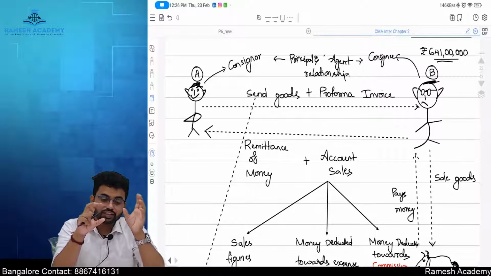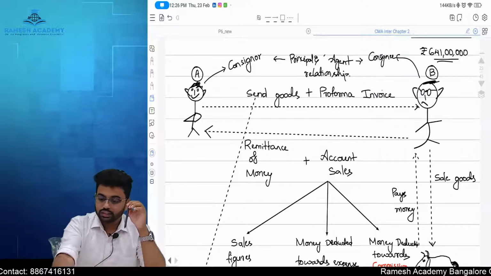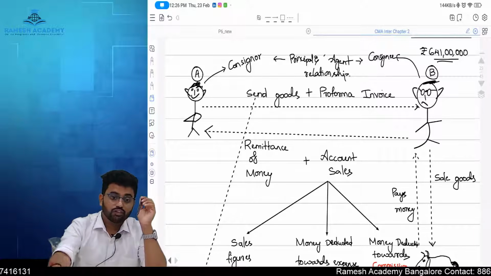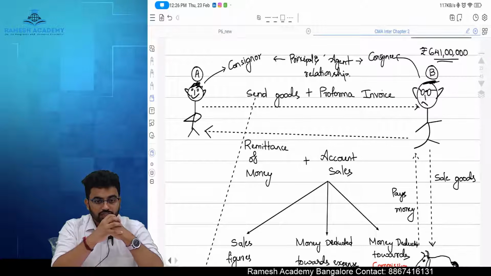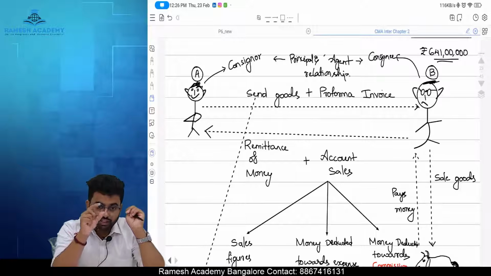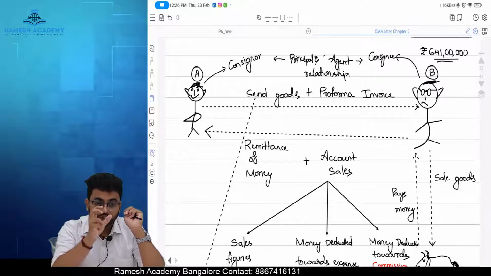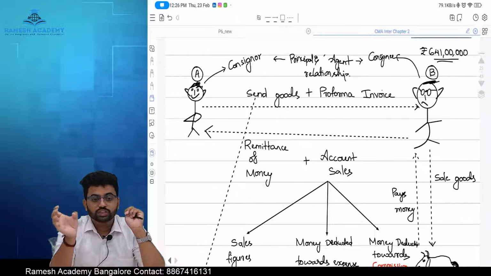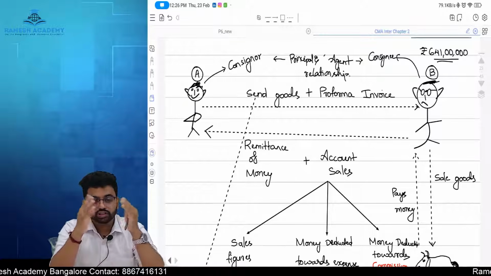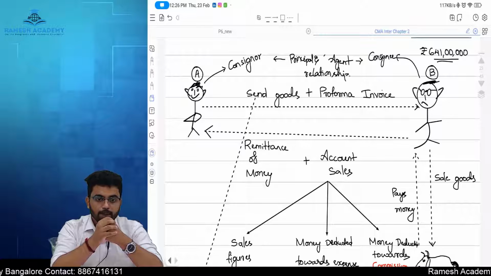The pro forma invoice is sent by the consignor to the consignee along with the goods. It will contain information regarding how many goods are sent, at what price they are sent, at what price they should be sold, how much is the commission percentage, and so on.